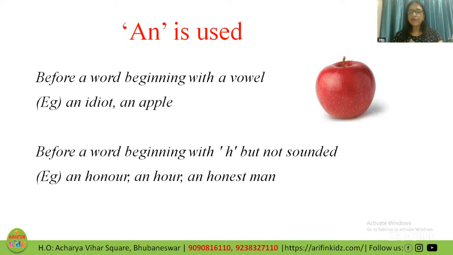We never pronounce hour with an H. Like honest, we never pronounce it with an H. So hour, honest, and honor all begin with H, but the H remains silent and the vowel sound comes. So we write an hour, an honest man, an honorable person, like that.